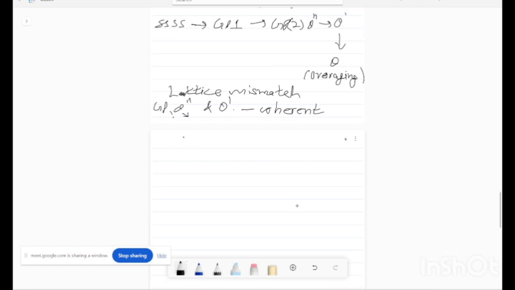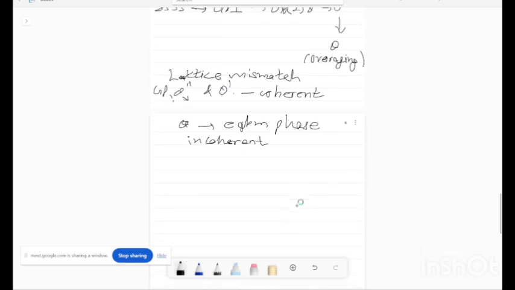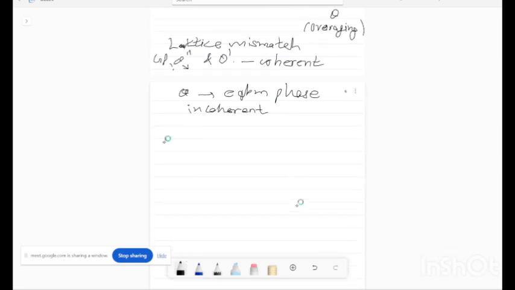But the theta precipitate, which is also called the equilibrium phase, is incoherent with the matrix. So that results in more lattice mismatch and increases the energy of the material or reduces the residual stresses also.